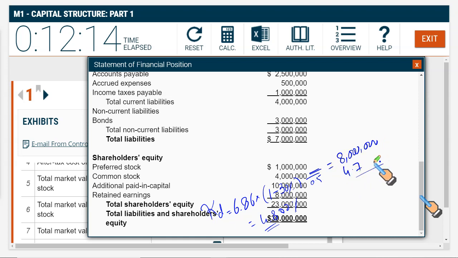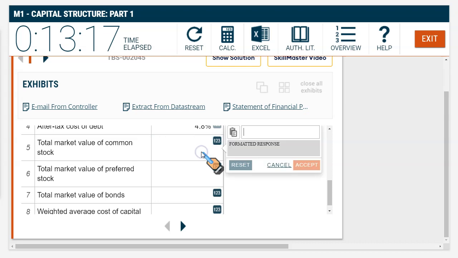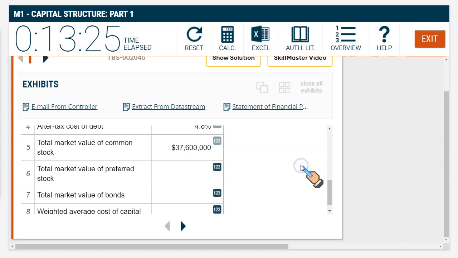Multiplying 8 million times 4.7 should give you 37.6 million, 37,600,000. This is the market value of your common stock, or the market capitalization value. So here it is, 37,600,000 and that's all.